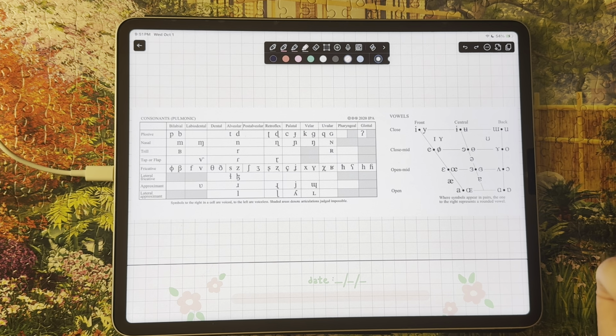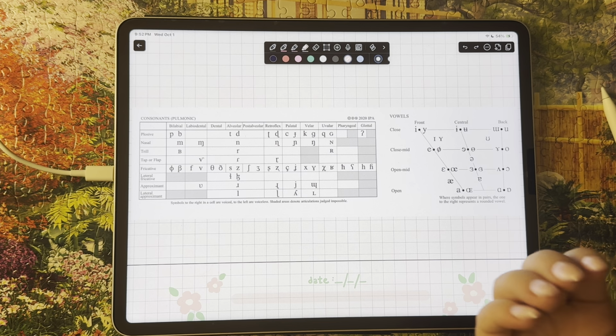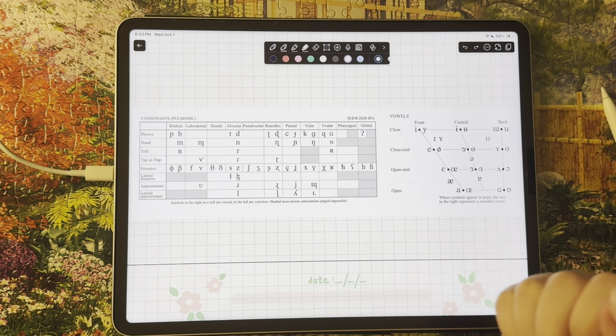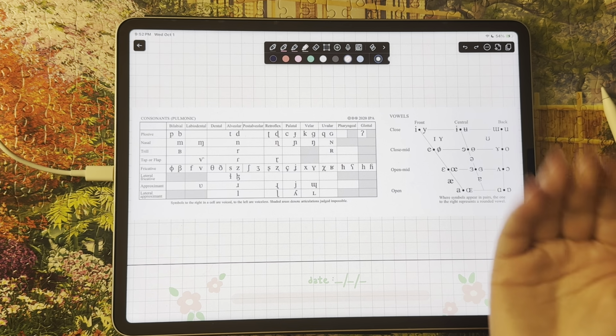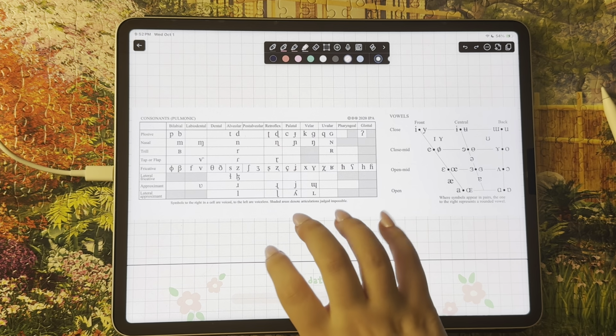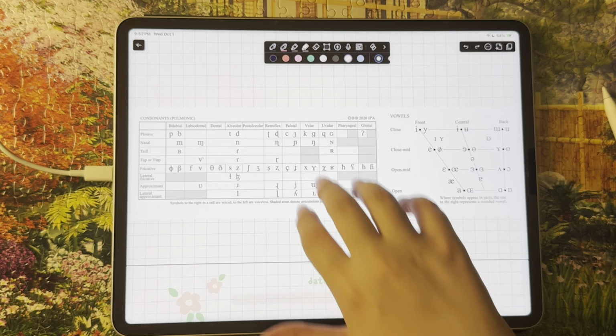And then there's the R where your tongue comes up to your alveolar ridge, which I believe is less common in English speakers.